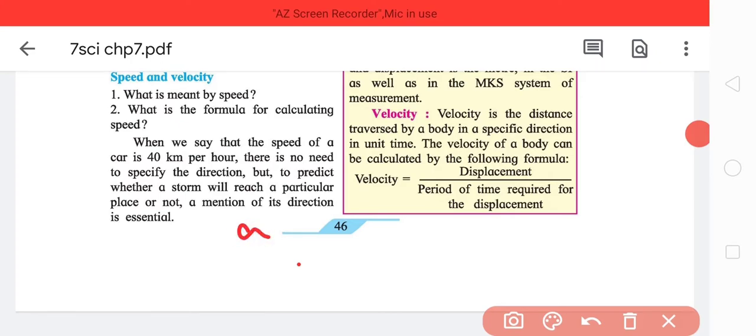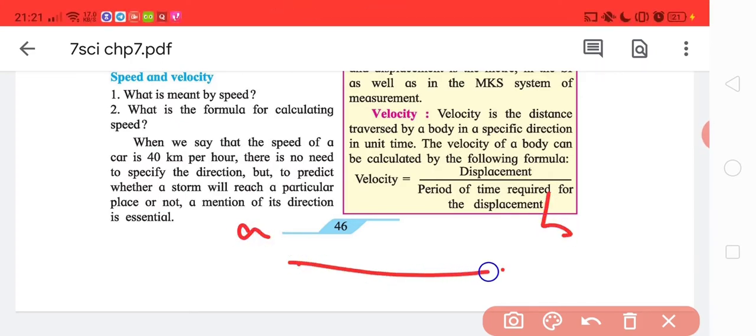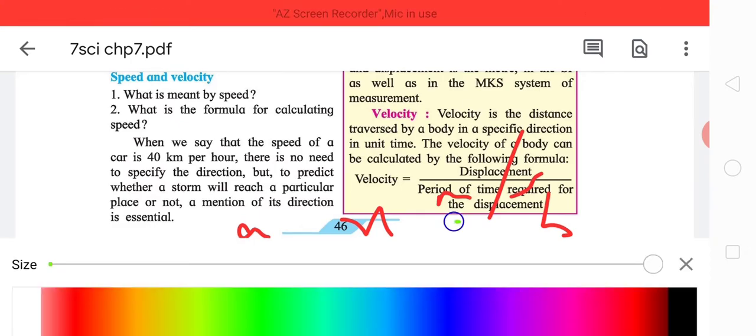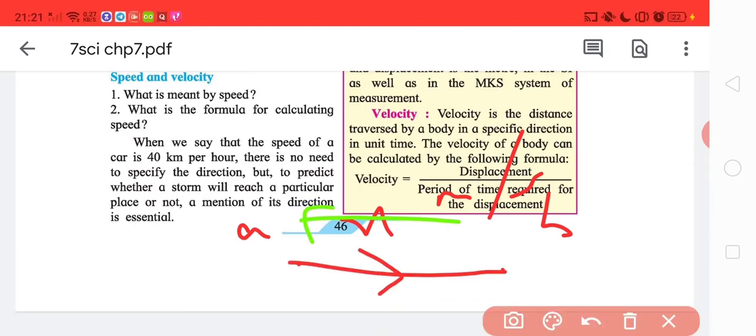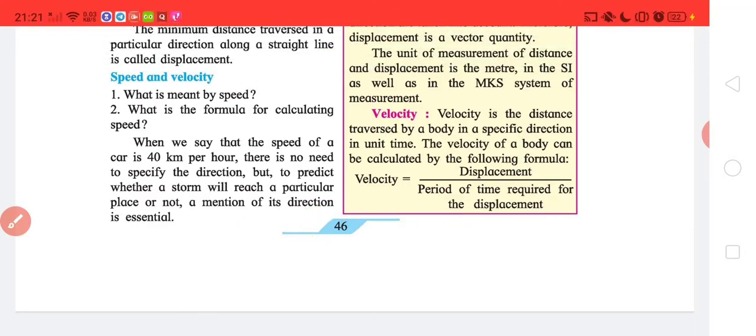This is A, this is B. When I go from A to B, I say I move with a velocity of, say, x meters per second towards B. And when I go from B to A, I say I go at a velocity of x meters per second towards A. So when you're using velocity, specify the direction. I hope it should be clear by now.